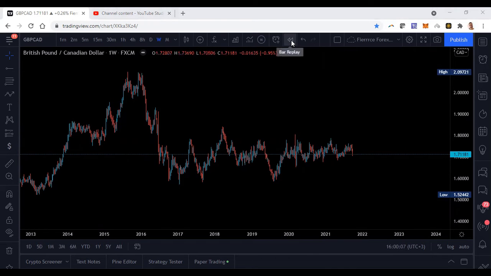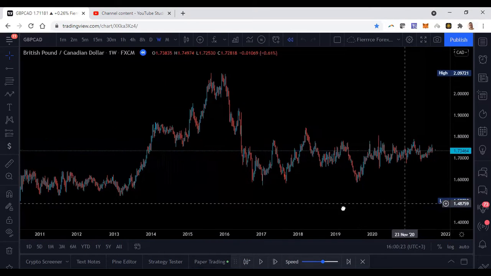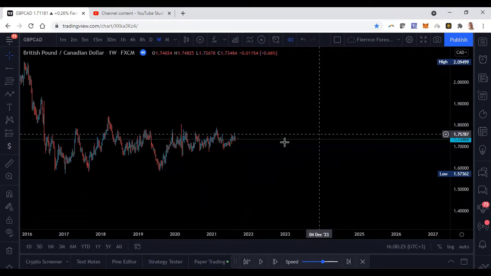So let's say we're looking at August, possibly from the 30th of August to present day time. So this is the weekly.